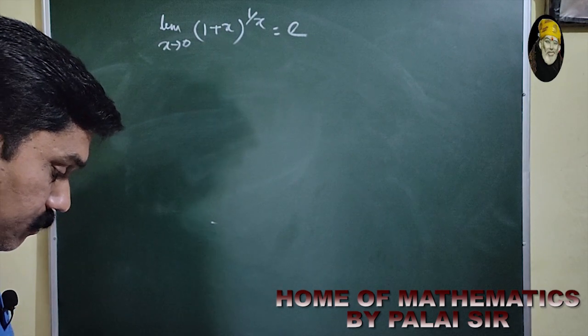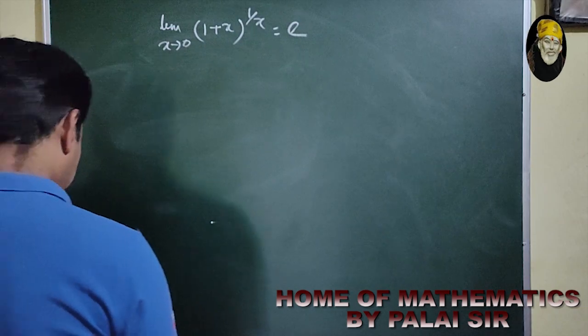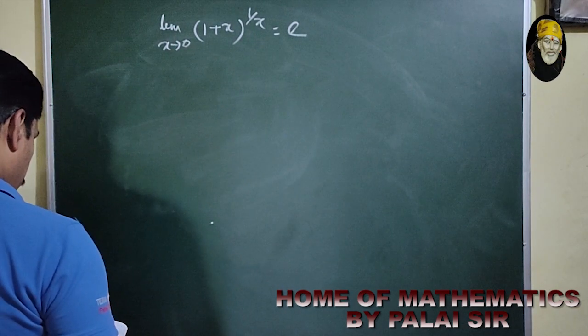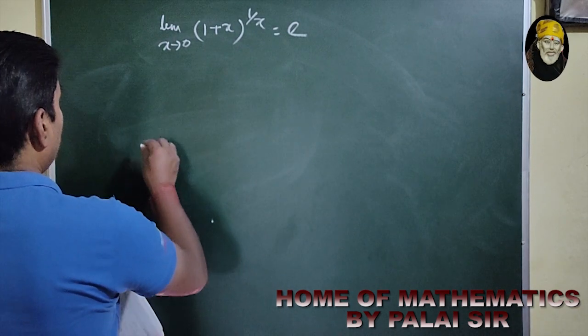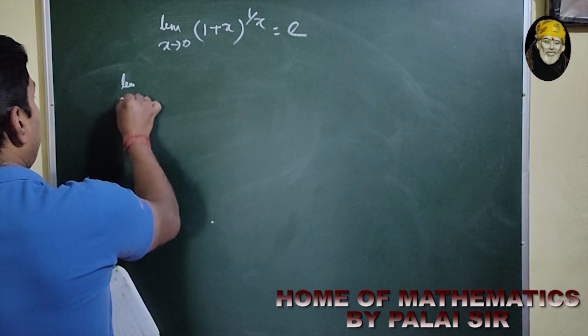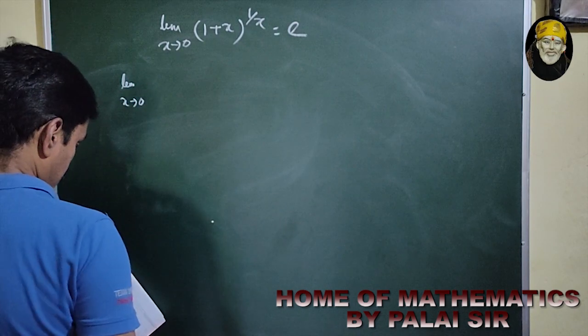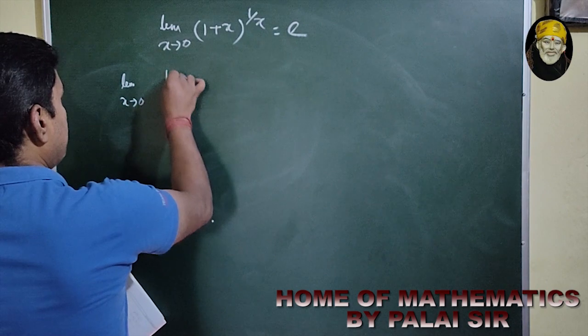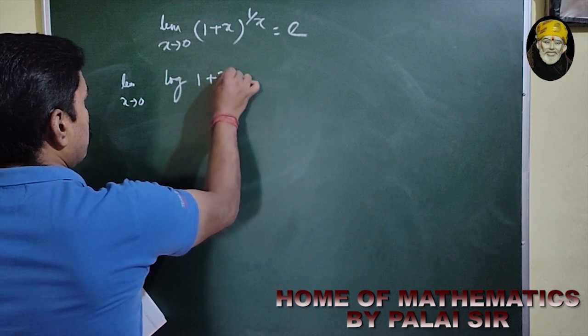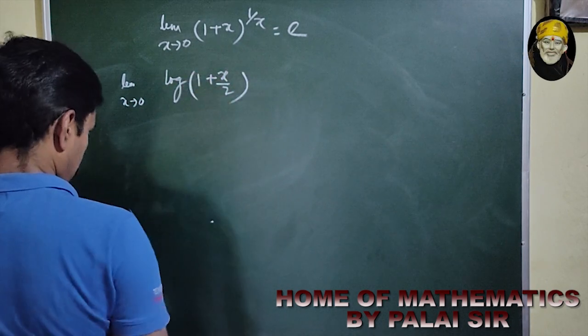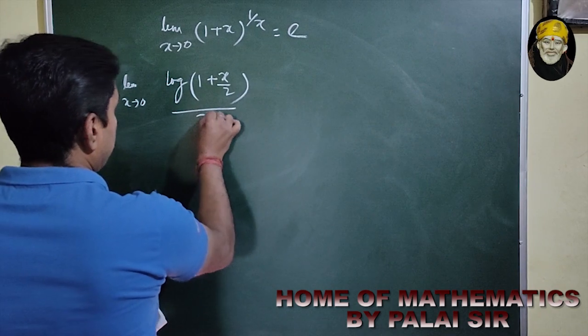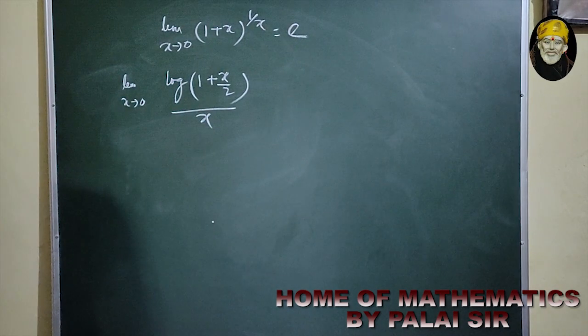So here, suppose one problem is here. Limit x tends to 0, log 1 plus x by 2 divided by x. So how to solve this problem?